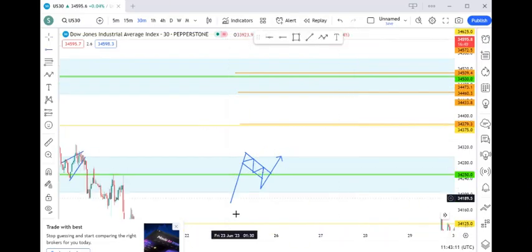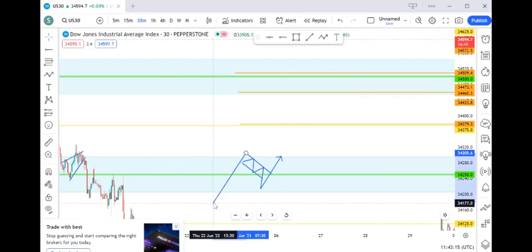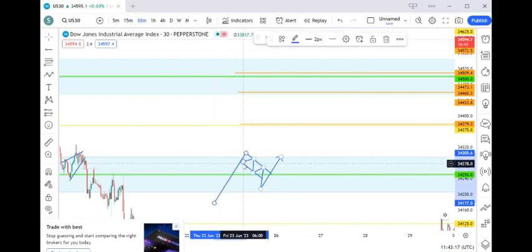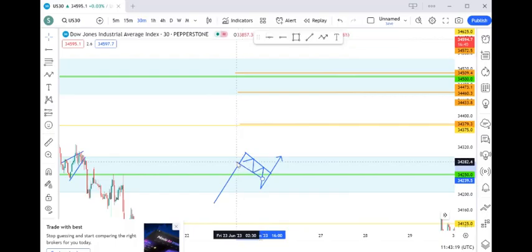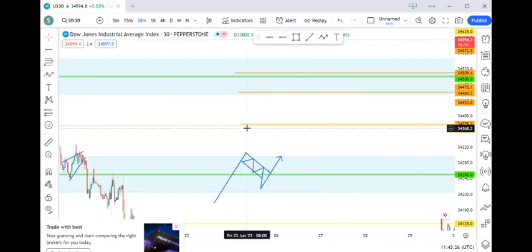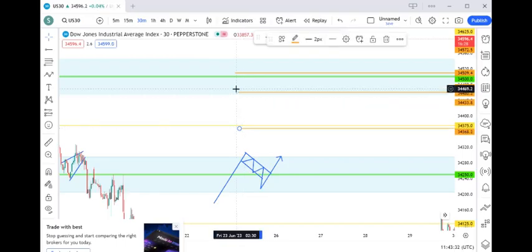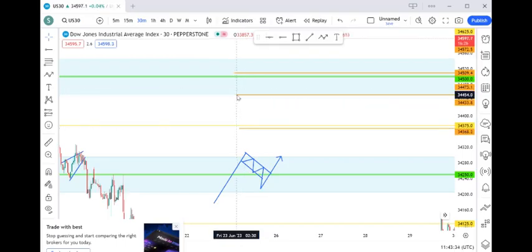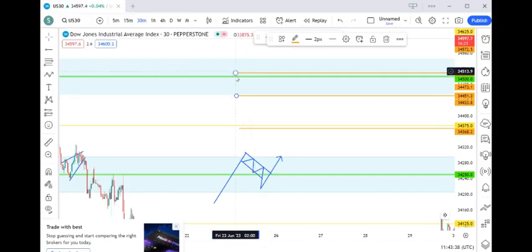We want to set our TPs at least 2 points below these areas. Why? These are major points of structure on your chart.